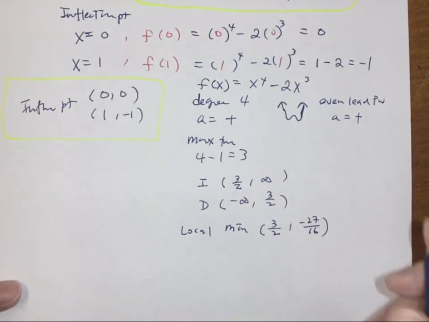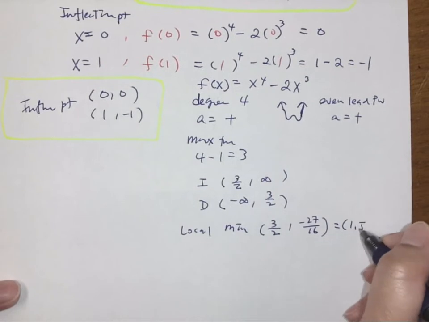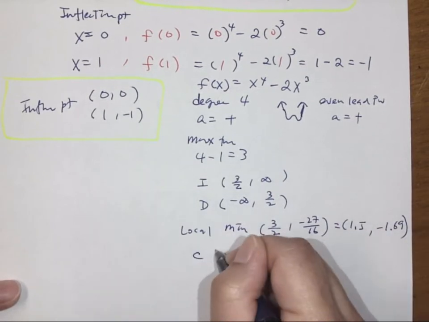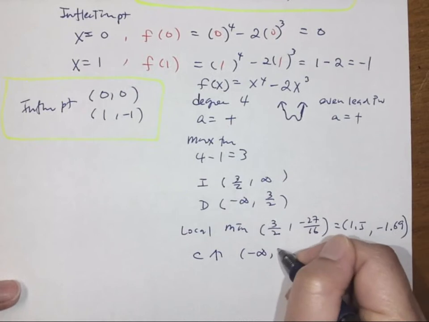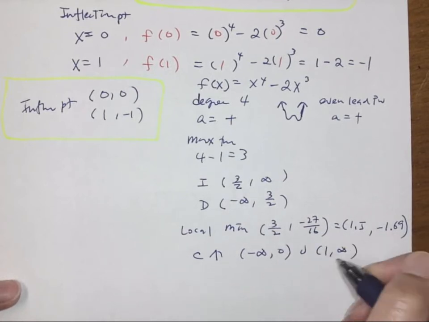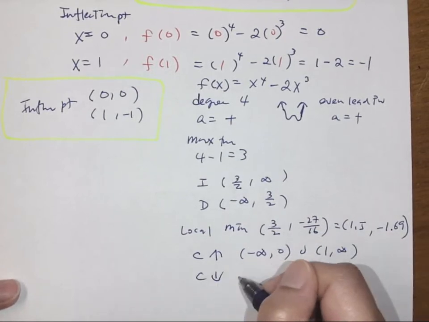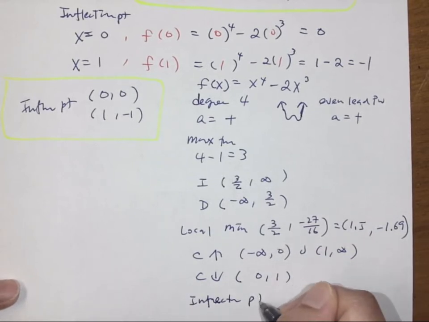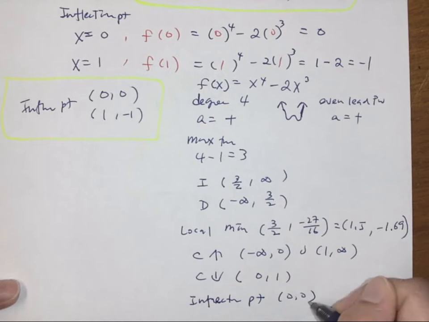So on the graph it's about 1.5 and negative 1.69. Concave up, negative infinity to 0, 1 to infinity. Concave down is 0 to 1. Inflection points are going to be 0, 0, and 1, negative 1.